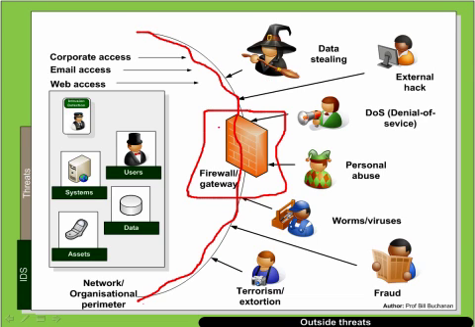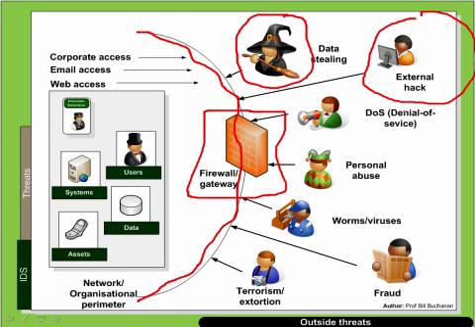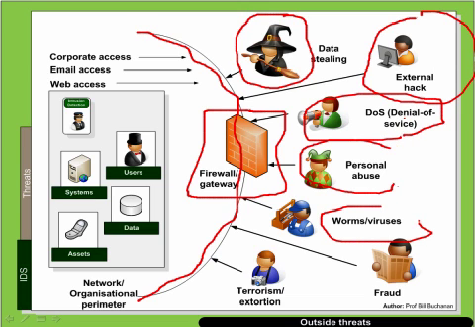Typically most organizations have just a few of these gateways, as it can become difficult to protect against external threats if there is more than one gateway. We obviously have data stealing influences from outside, external hacks, denial of service attacks, personal abuse, worms and viruses, fraud, and terrorism.